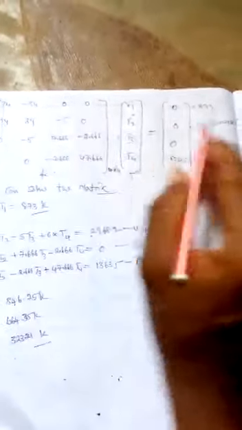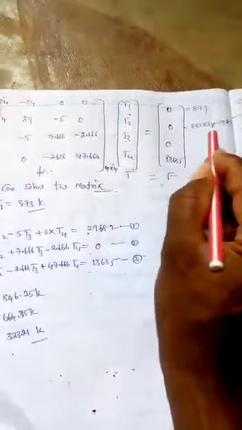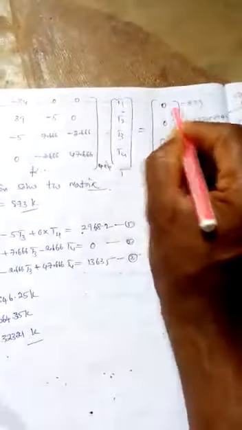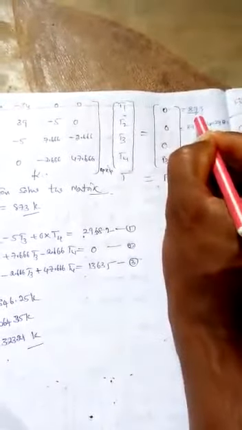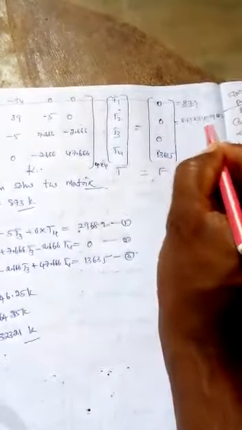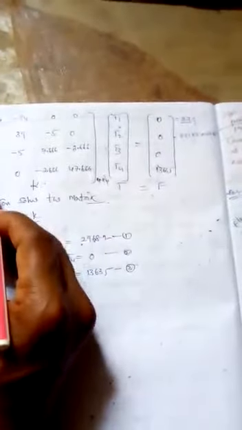Next 873 into 34 goes with T2. In this place, the replacement: this is the T1 value 873. Next, in place of 0, replace with 873 into 34 equal to 29682. Next, first column and first row cancel.